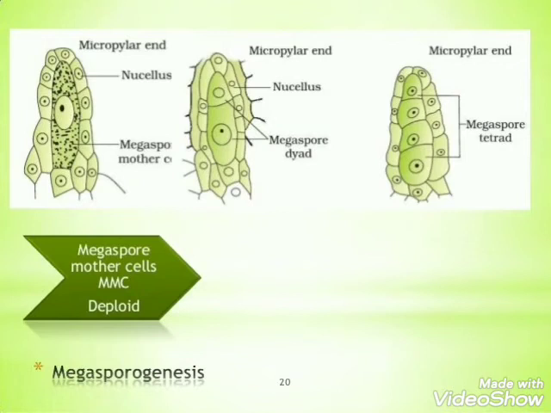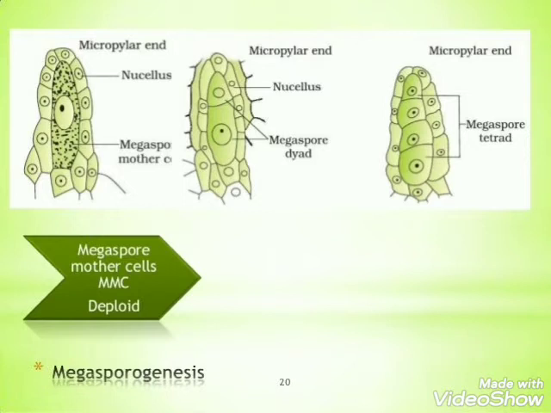The megaspore mother cell first divides transversely into two cells called a dyad. These two cells again divide transversely. As a result, a linear row of 4 haploid cells is produced, which is known as the megaspore tetrad or linear tetrad. Out of these 4 megaspores, only one remains functional while the other 3 degenerate.